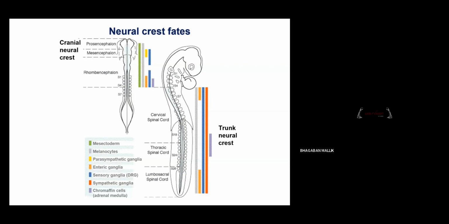The cranial neural crest consists of the prosencephalon, the forebrain, the mesencephalon, the midbrain, and the rhombencephalon, the hindbrain. The posterior portion, mostly the spinal cord portion, comes from the trunk neural crest. It starts from the cervical spinal cord, thoracic spinal cord, and lumbosacral spinal cord. These are formed by the trunk neural crest, and everything is shown here.